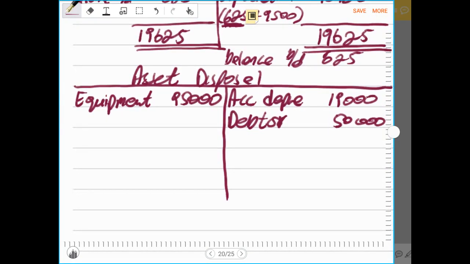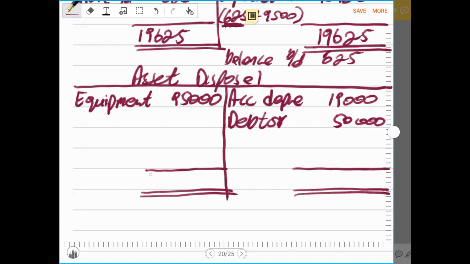What other people will do in this ledger account at this time is just to strike the difference between the smaller and the bigger side, which is the easiest shortcut. We just check which side is greater, because now we have to determine whether we have made a profit or a loss.